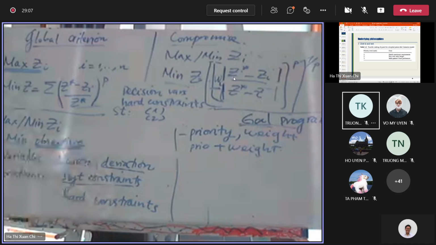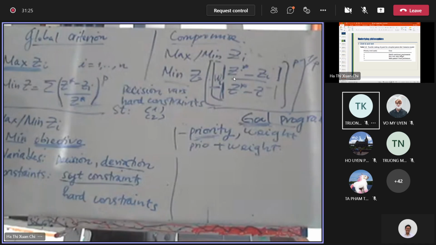You can sacrifice meet patient food preference. So if you have to sacrifice, you should sacrifice the lower priorities. The first priority, you should keep that. You can sacrifice 2 and 3. Okay.